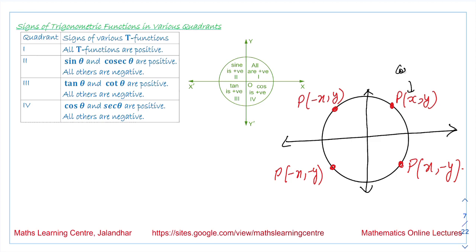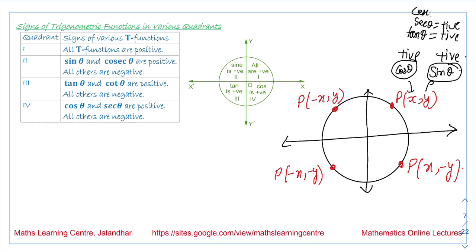This is basically cos theta, this is sin theta. It means cos theta is positive, sin theta is positive. If both sin and cos are positive, then tan theta is also positive, secant theta is positive, and cosecant theta is positive.